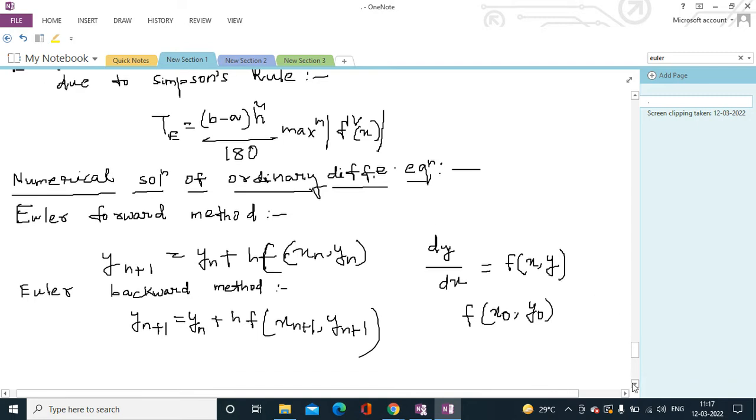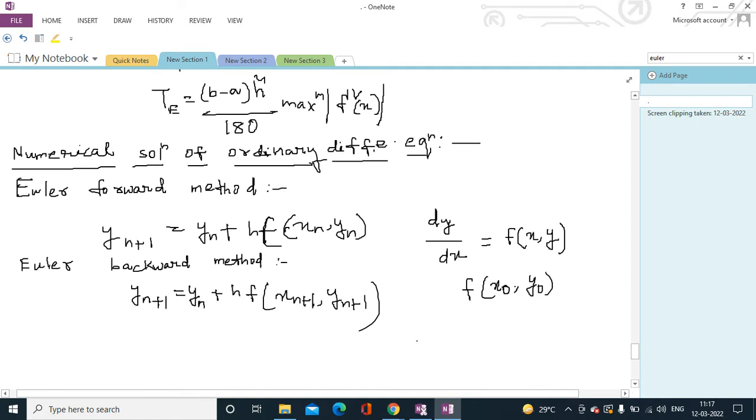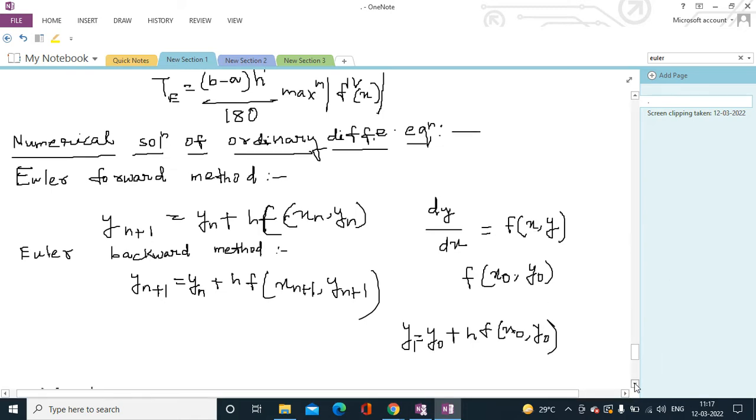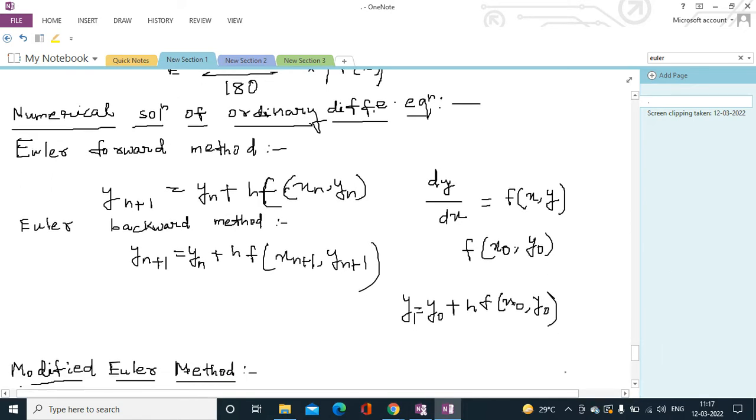And for evaluating y1, we will get y0 plus h whole into f of x0 comma y0. Okay guys, so x0 and y0 are the initial values, and then y1 is the first iteration. Similarly y2 will be the second, and so on.